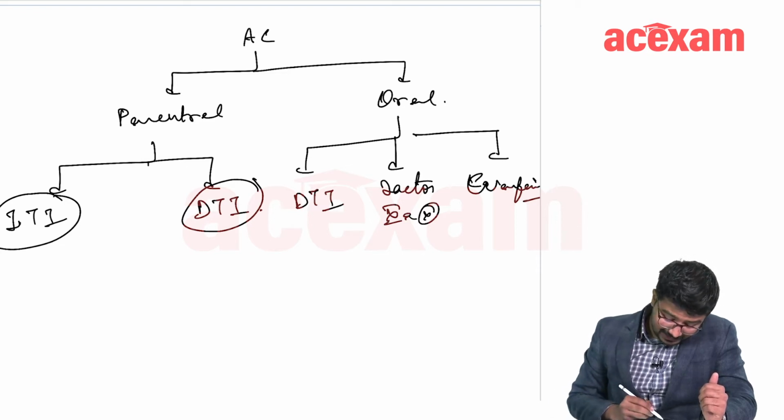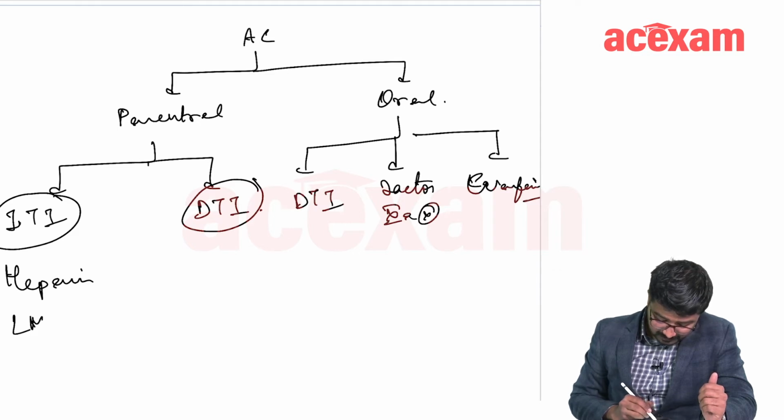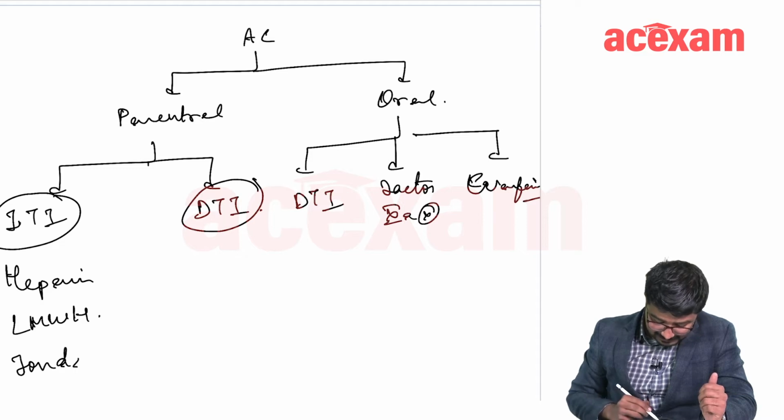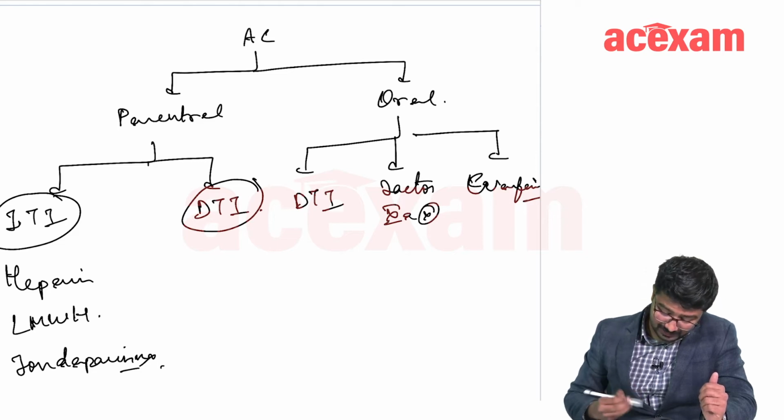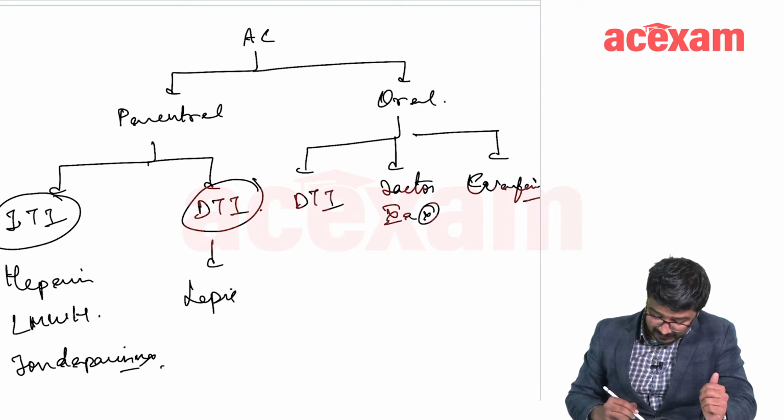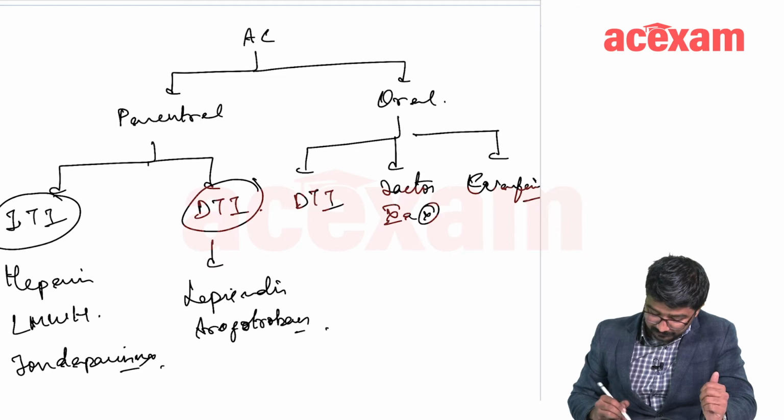So within the indirect thrombin inhibitor, we have the heparin, low molecular weight heparin, which are the enoxaparins, and lastly the fondaparinux. We will see about the mechanism of action in this in the next slide. Within the direct thrombin inhibitor, we have the lepirudin, argatroban, to name a few.